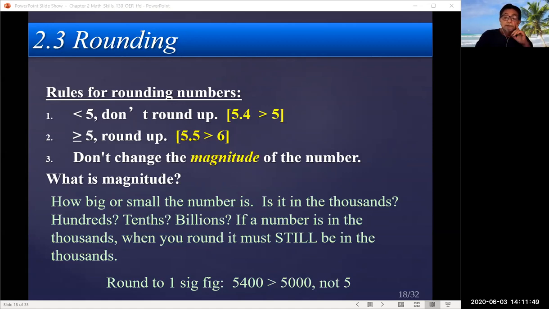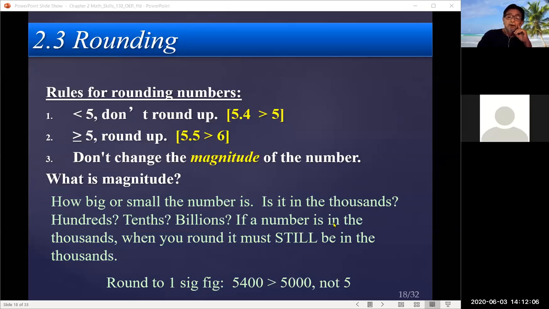What was that? Hold on, I got a question here. The chapter 2 activity, it seems like chapter 3. Chapter 2 is most likely talking about the math skills. Yes.